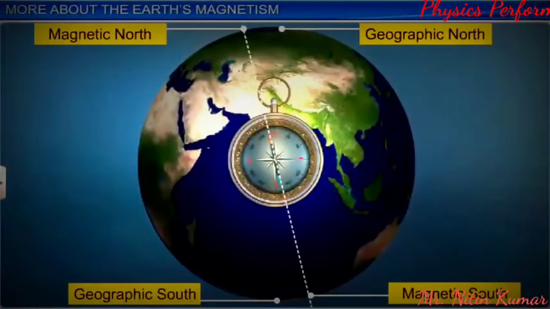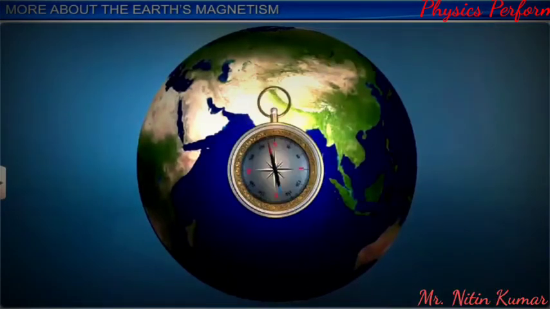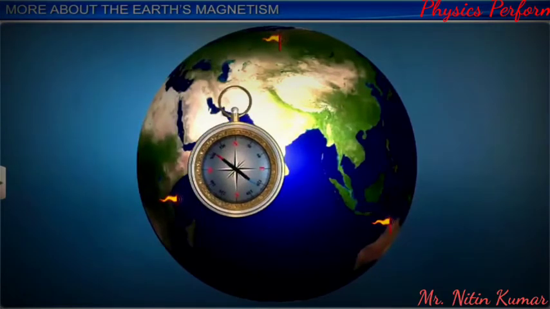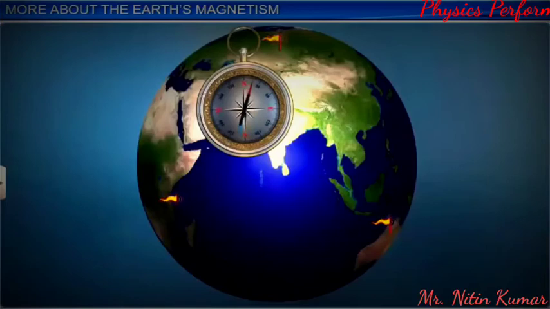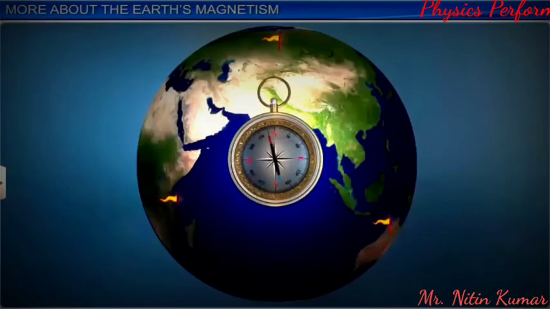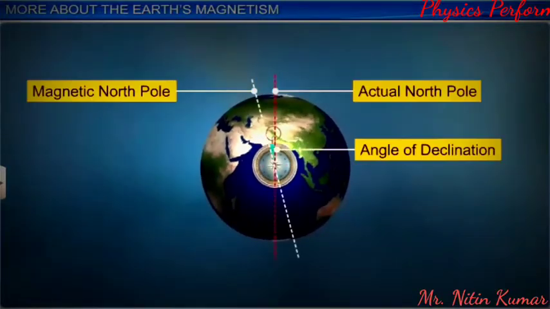At some places, the deposits of magnetic materials inside the Earth cause the magnetic compass to deviate from the magnetic meridian. At such locations, the angle of declination at that point helps us to determine the actual direction of the north.